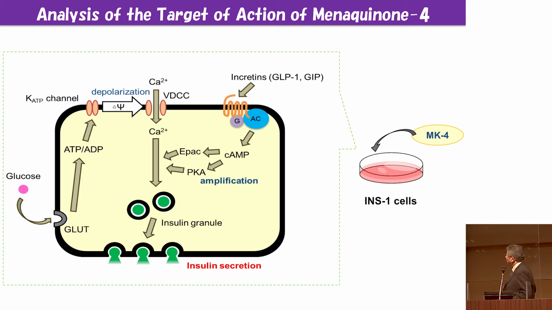Other than these mechanisms, GLP-1 and GIP, substances that are found in gastrointestinal tract, can act as incretins. Both bind to the receptors on beta cells and upregulate cyclic AMP, and then activate downstream factors that support and enhance insulin secretion.